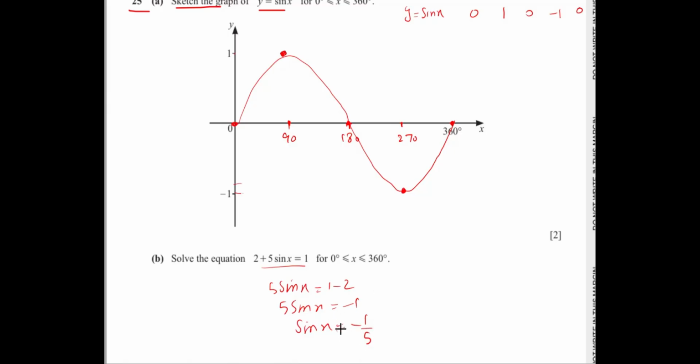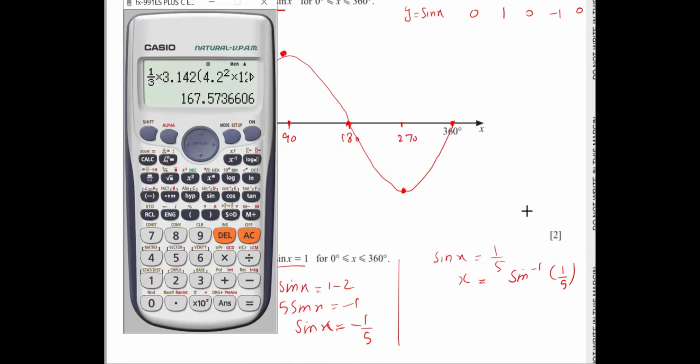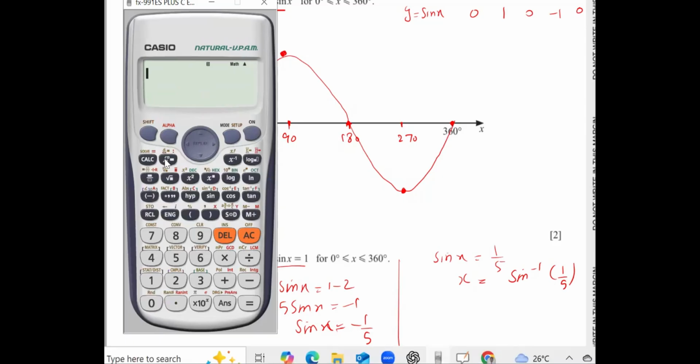And look here, the value of sin x is negative. To calculate the value of x, firstly we will take the value of sin x as a positive value. x will be equal to sine inverse of 1 over 5.